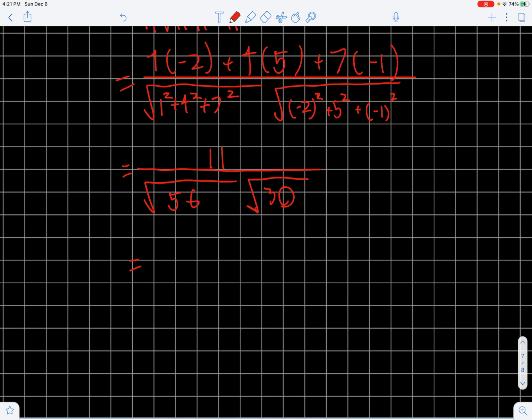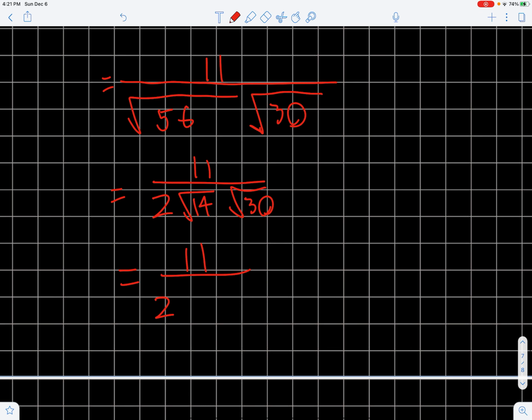And we can simplify that a little bit before we have to multiply those together. So that's 1 over 2 times the square root of 14 times the square root of 30. It's equal to 11 over 2. Oh, and there's a 2 in there and 2 in there, so we can bring those out too. So that's 4. Here, I'll put them together and then take them apart again.